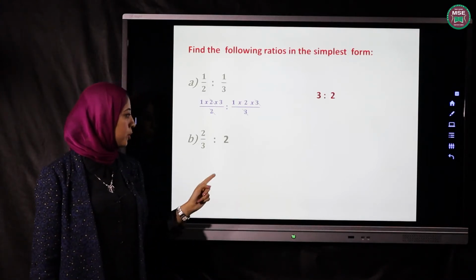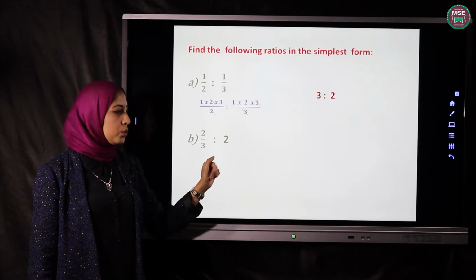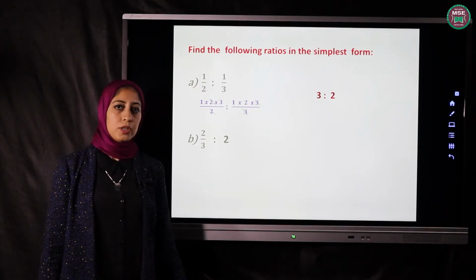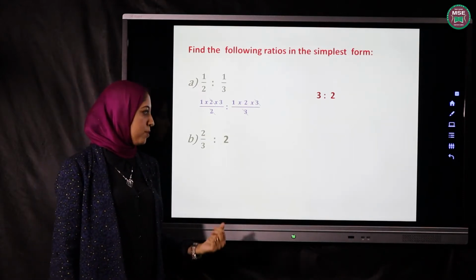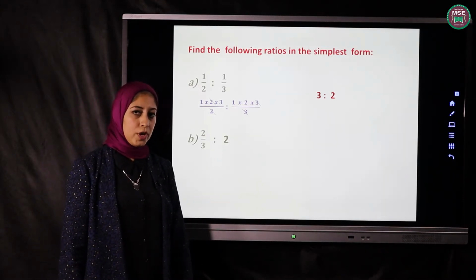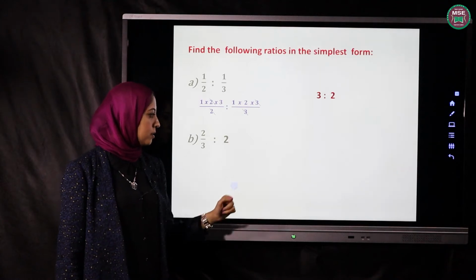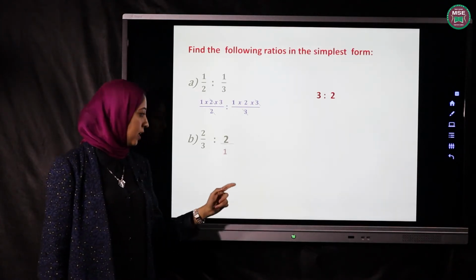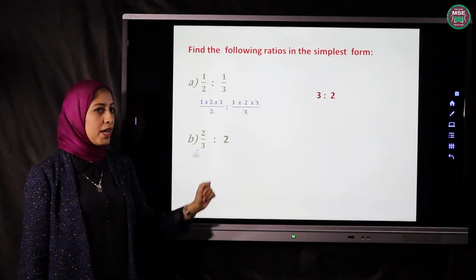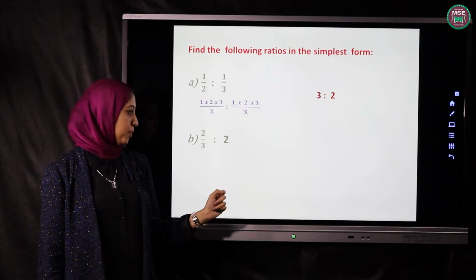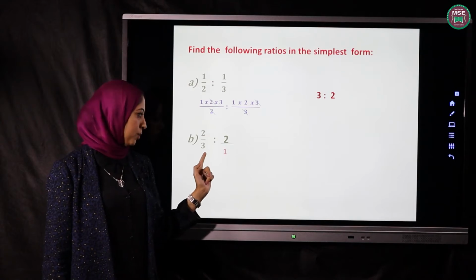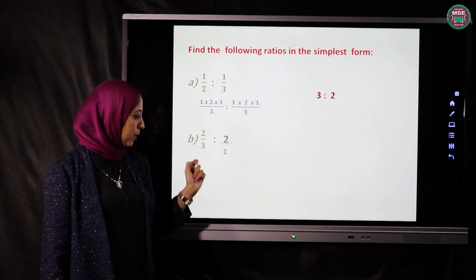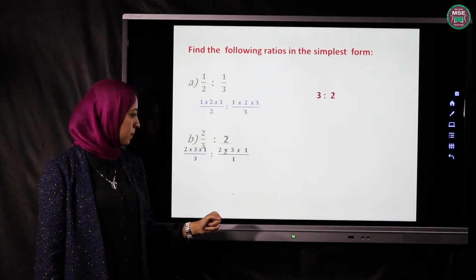The second one, number B, 2 over 3 to 2. I have a fraction and a whole number. How can I make it? Remember with me, how can I change the whole number to a fraction? I will make it over 1. Now I have the denominators 3 and 1, so I will multiply. I will take the denominators 3 and 1 and multiply them by the upper numbers.